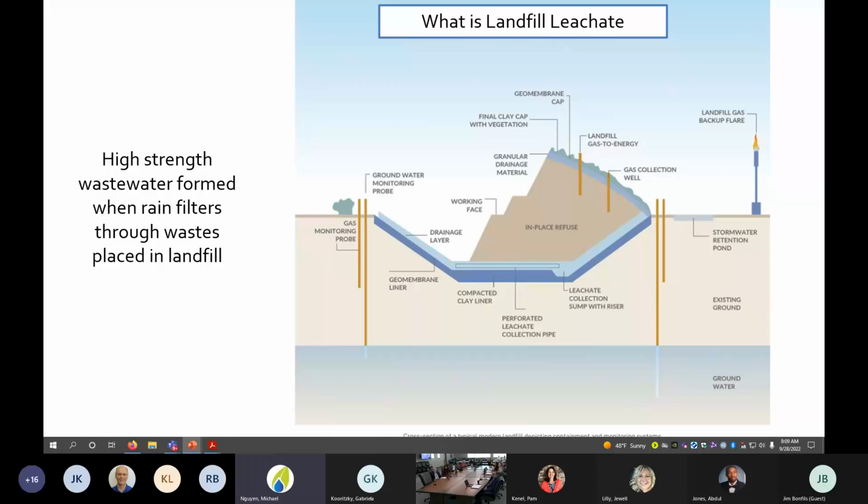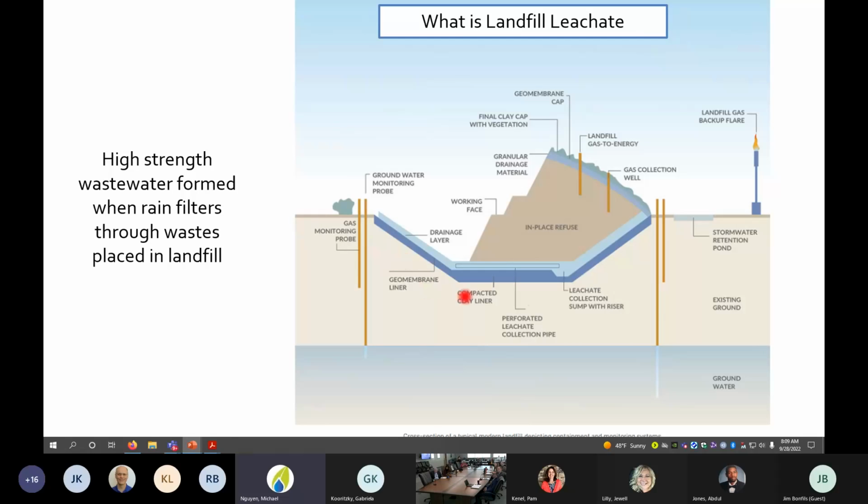So understanding what landfill leachate really is, as we've been going through this study, I have learned a ton about landfills. The Loudoun County landfill, this is just a generic figure, and my citation got cut off at the bottom, but in general, this is how the majority of landfills are set up, and Loudoun County's landfill does have these.